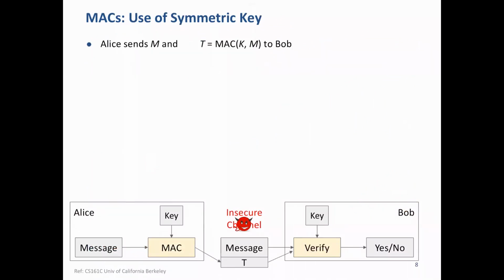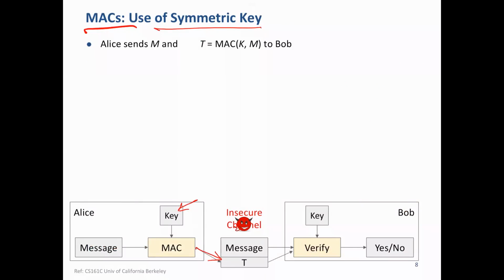Okay, then we have studied MAC, message authentication code, wherein we use the symmetric key method and then send a tag along with the message, and that is based on the key.